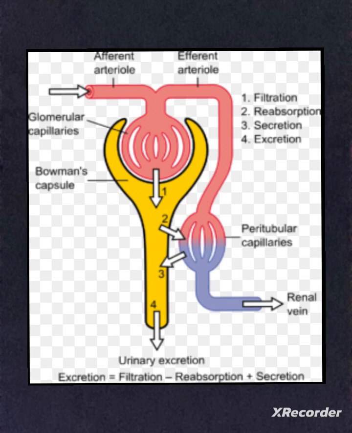Now, coming to tubular secretion. The peritubular capillaries that help in transporting reabsorbed substances into the bloodstream also help in actively secreting substances like hydrogen ions, potassium ions.